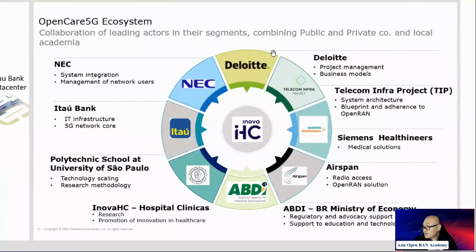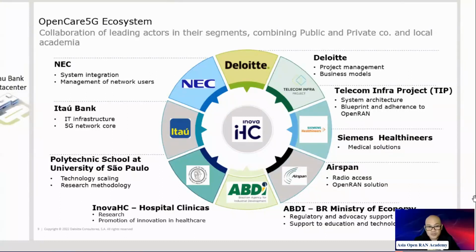And Deloitte is responsible for project management and for the business model creation. Telecom Infra Project is one of the influential entities in the development of the Open RAN system. They are responsible for the system architecture, blueprint, and adherence to the Open RAN specifications.